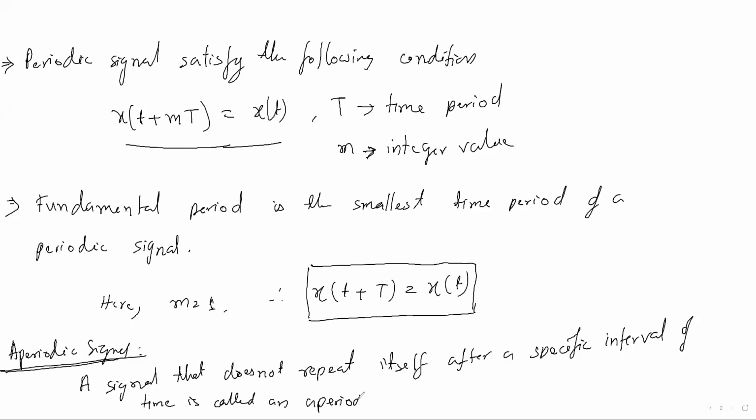Okay. What is called aperiodic signal? A signal which does not repeat its shape, or does not repeat itself after a specific interval of time is called aperiodic signal. What are the examples?